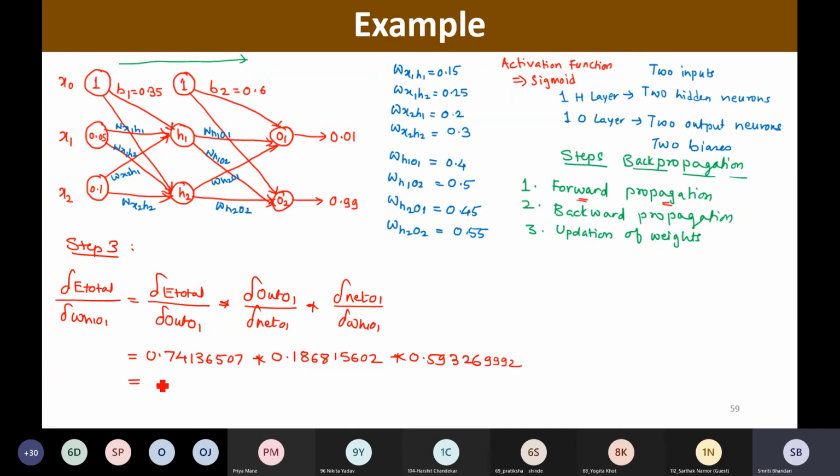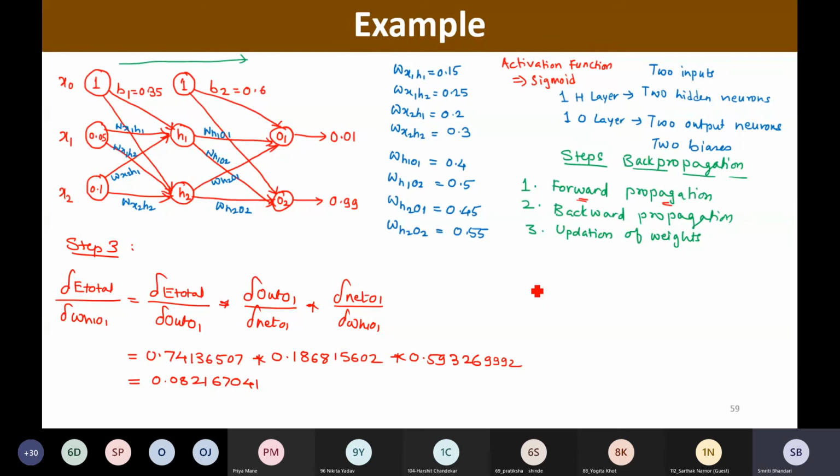So by substituting these figures, we come up with this error with respect to WH1O1 as 0.082167041. So this is the error with respect to this weight, WH1O1.